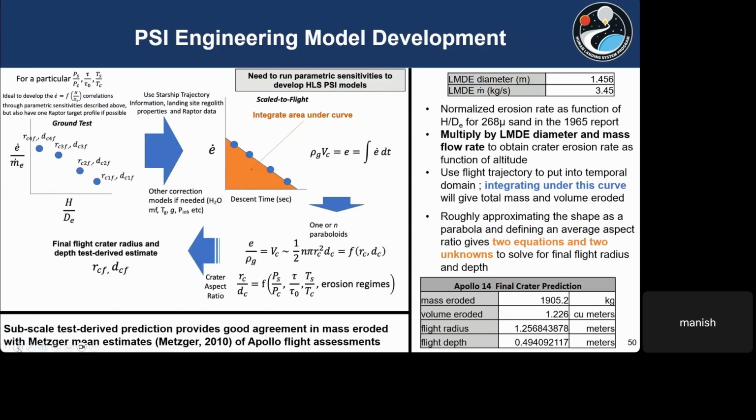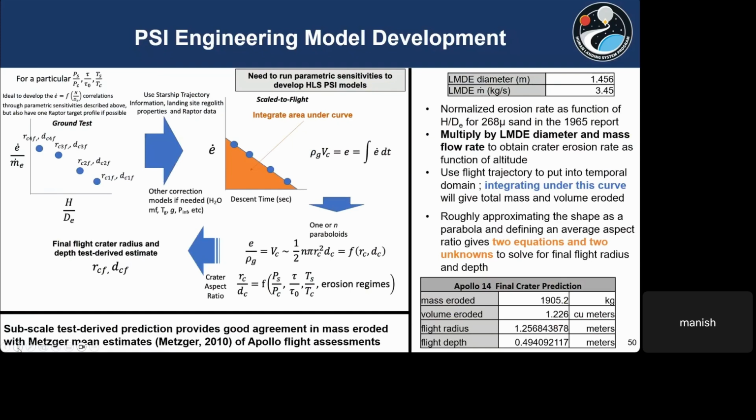First you have to have data. You have to get data from a test. We normalize the subscale ground test static data. We normalize the erosion rate with the engine mass flow rate, and then we normalize the altitude with exit diameter. That's a very historical approach, and so you get a profile.